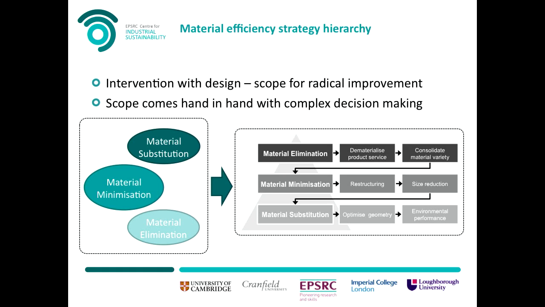So the first thing we did was we looked at the three different strategies that are fairly well known, and we came up with a hierarchy for these and exploded them a bit and came up with a bit more detail to them. So at the top we have material elimination, followed by material minimization, and finally material substitution.